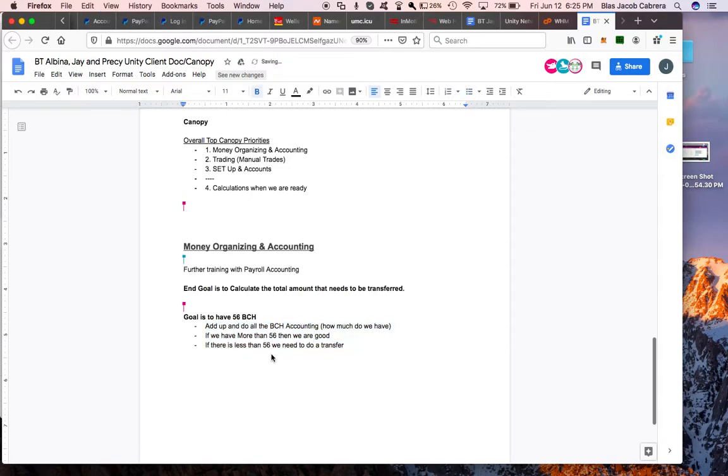So the end question is how much to transfer, either 0 if there is enough, or X amount, and where to transfer it from. The where to transfer it from is a harder question, and I would deal with that part of it. But you guys can pretty easily help with the how much.